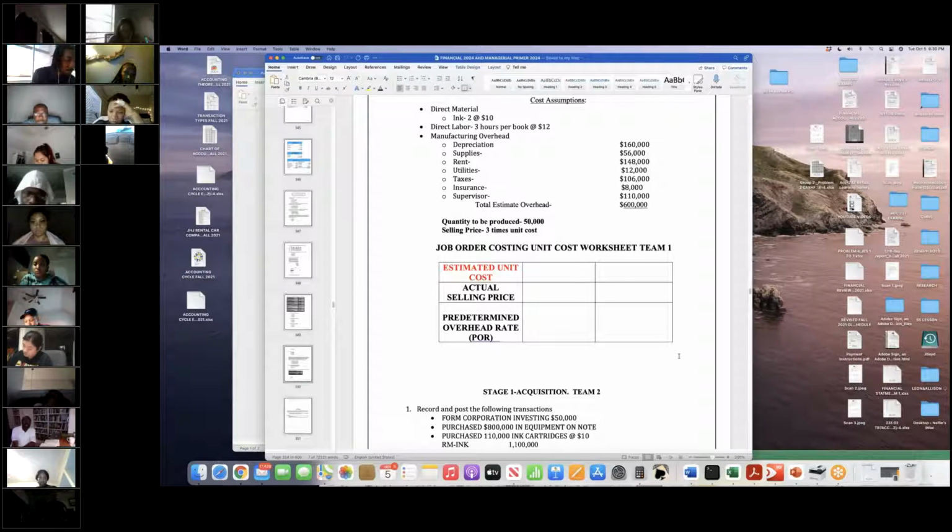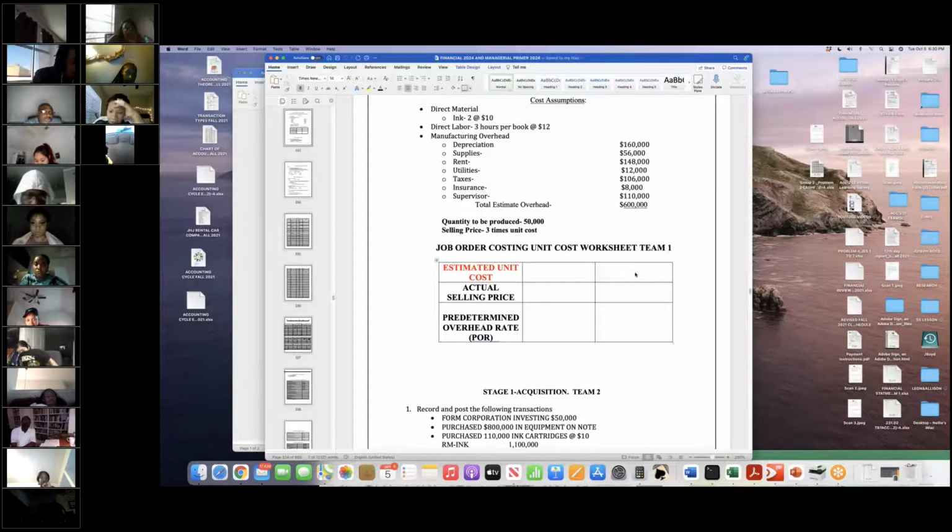Do we have a unit cost? With all of our new knowledge, do we have a unit cost?